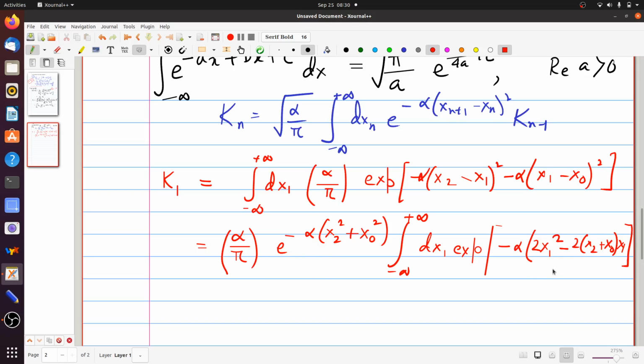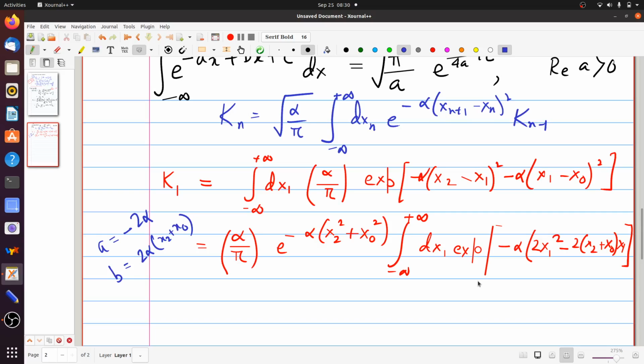So the integral that we have to do is of the form e to the minus a x square plus b x plus c, but with small a equals minus 2 alpha, right? Minus alpha into this 2, and small b equals 2 alpha (x2 plus x0). So this is a standard Gaussian integral, can be evaluated directly from the formula above.